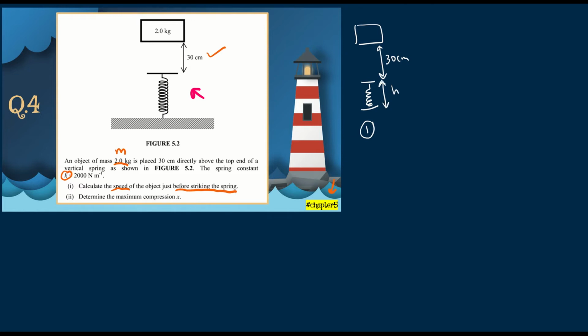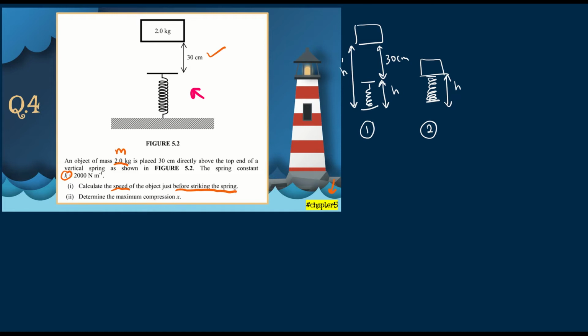Let's say we put it h. The second condition is this box is hitting the spring. So now this box is at this level, so the height of this box now is only h. Let's say the height for the first condition is h prime. So we just put it as a symbol, h prime.